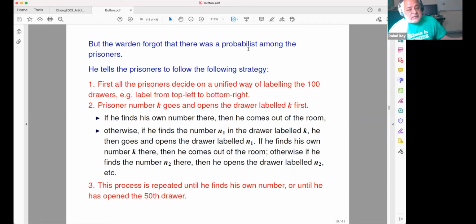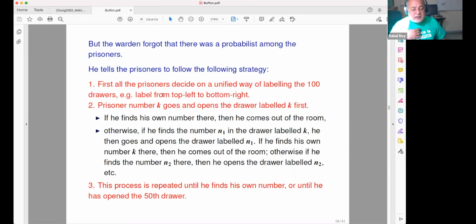Otherwise, he finds a number N2, then he opens the drawer labeled N2. He does this repeatedly until either he finds his own number and goes out, or he has opened the 50th drawer and doesn't find his own number, in which case all of them are going to die the next day. So this is the strategy the probabilist tells them.